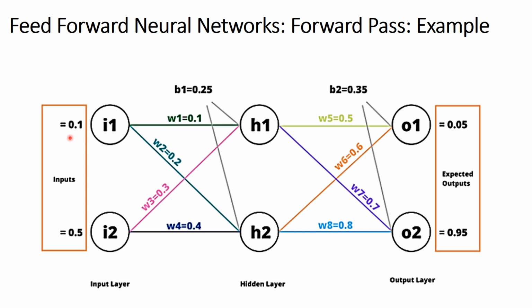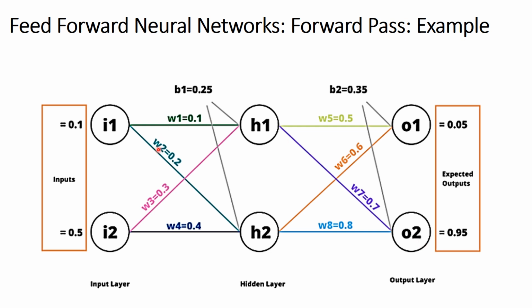I1 بيساوي 0.1 و I2 بيساوي 0.5. الشبكة فيها قلنا two inputs. طبقة المدخلات input layer فيها two inputs. في طبقة خفية واحدة. في الطبقة الخفية بتحتوي على اثنين نيورونز اللي هو H1 و H2 الاثنين بيتواجدوا في الطبقة خفية واحدة. والشبكة فيها الاوتبوت لاير طبقة الخرج فيها اثنين نيورون O1 و O2.